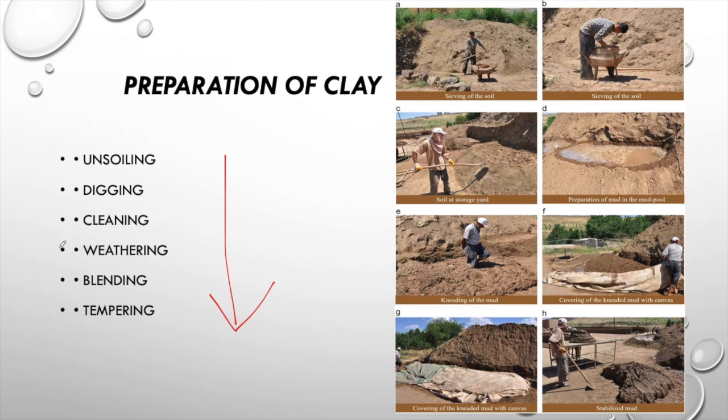In the weathering, we leave it for the environmental impact on it for some time, and then the blending is done. In the blending, some materials are mixed with this raw material, and then it goes to the tempering, in which the kneading operation is performed. After the kneading operation, we get the proper clay which is ready for the mold.